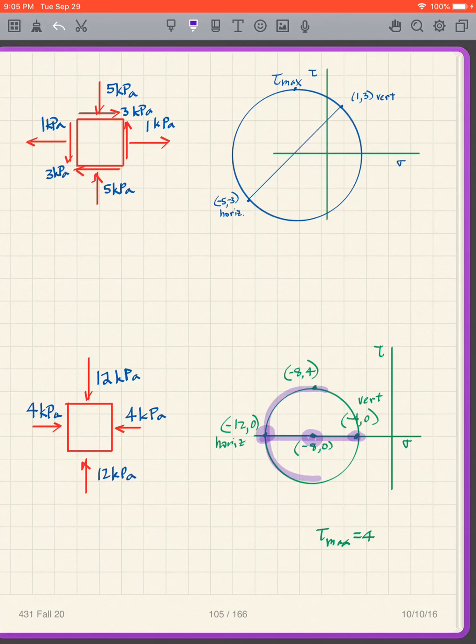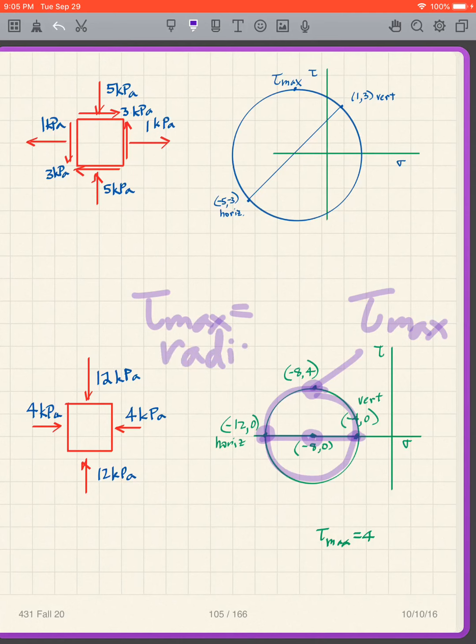And then I draw my Mohr circle, and it's pretty easy to get the radius. I get my tau max. There's my tau max, and tau max equals the radius. Very easy to get. And the radius is simply the difference between the two divided by 2.